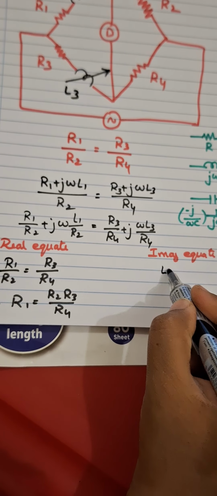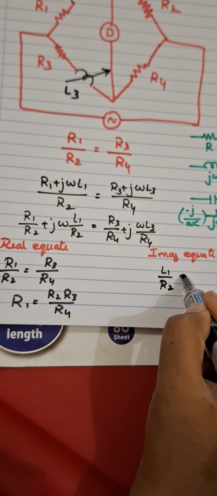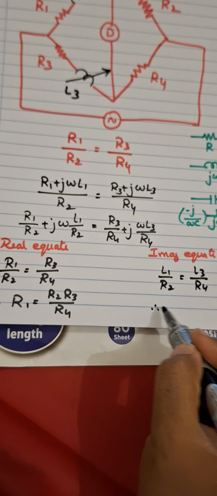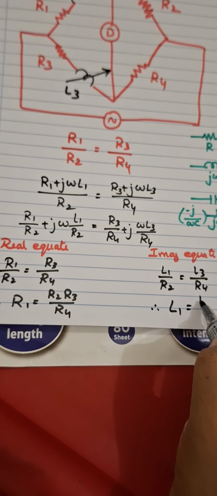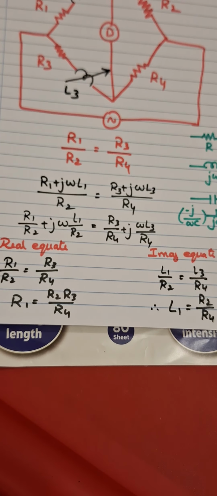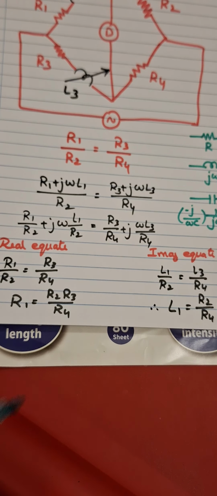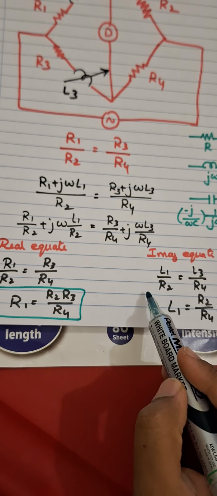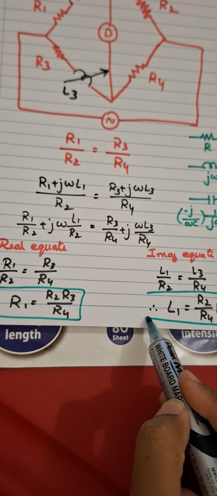So I can write it as L1 by R2 is equals to L3 by R4. Therefore I can say L1 is equals to R2 by R4 L3. So finally our answer is R1 is equals to R2 R3 by R4, L1 is equals to R2 by R4 into L3.